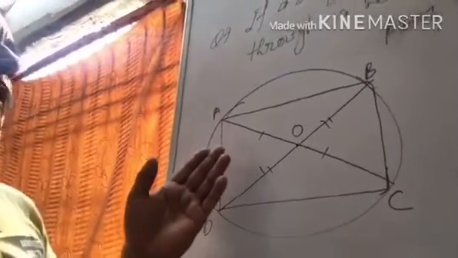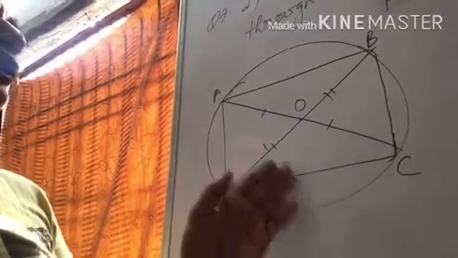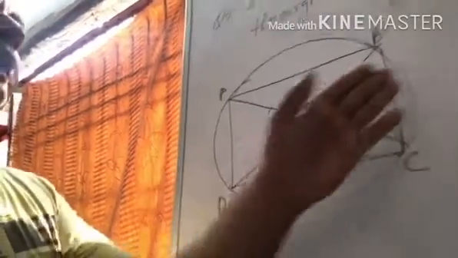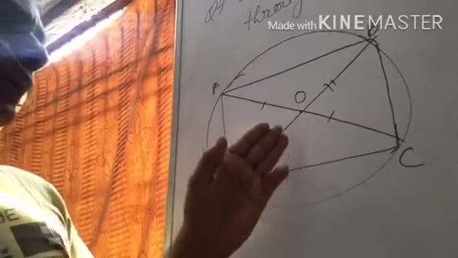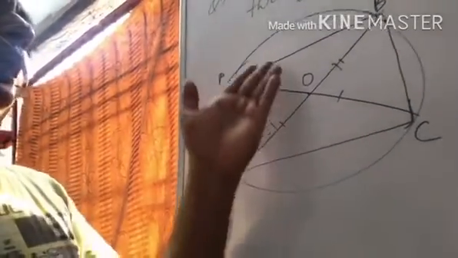But if you want to show the sides also, if you want to show the opposite sides are equal, then you have to prove triangle AOB and COD congruent by SAS.